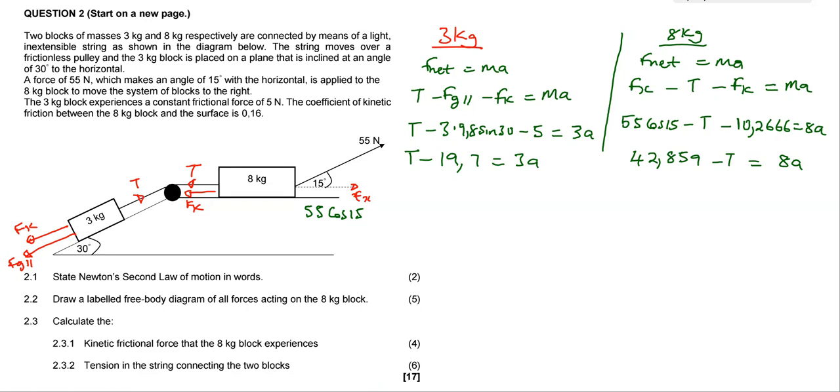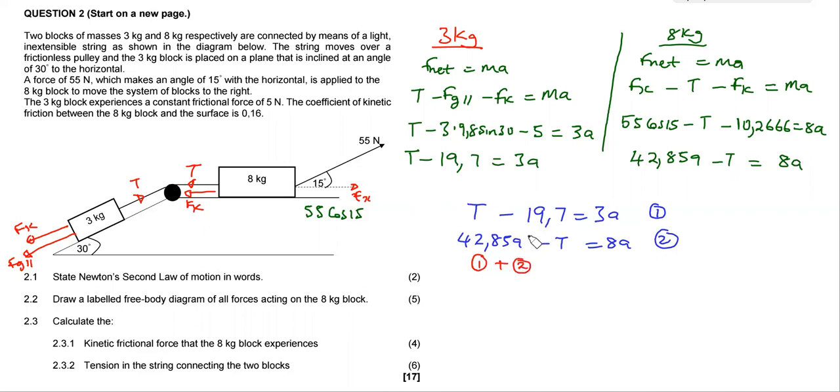So let's just write the two equations together here. It's going to be T minus 19.7 equals 3A, our equation 1. Then 42.859 minus T is going to be equal to our 8A. That's our equation 2. So what do you need to do here? You must always add the two.